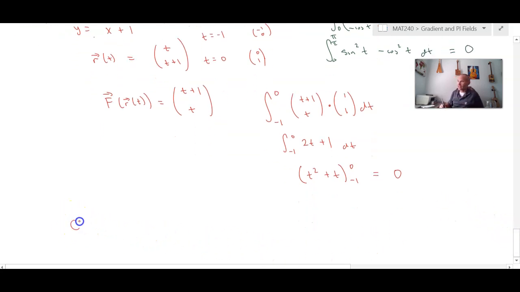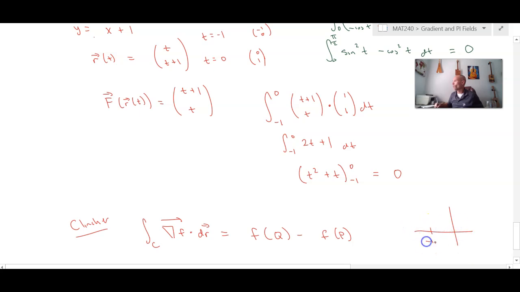Now, here's kind of the clincher. The clincher is that if your vector field is a gradient field, then to calculate that line integral, all we have to do is calculate f of q minus f of p. So in this case, we started off at -1, 0.